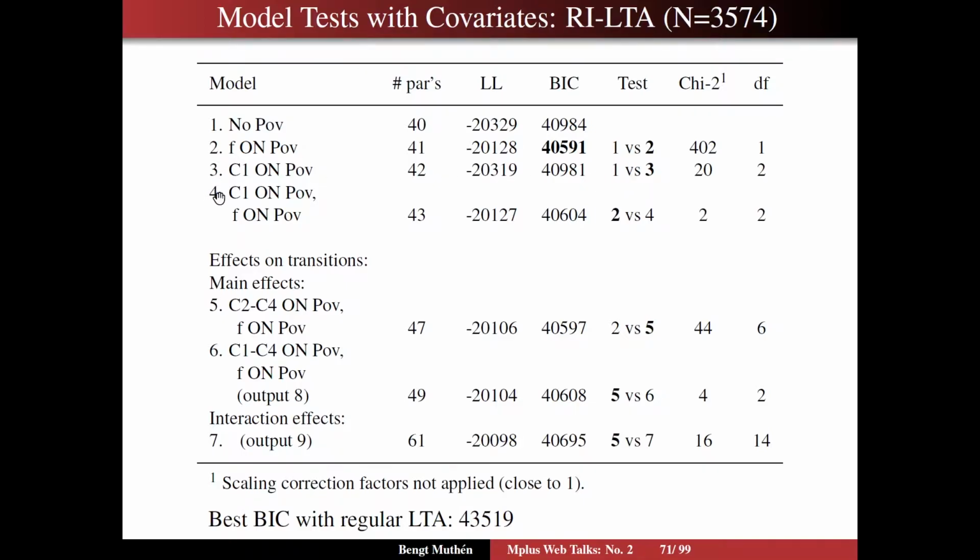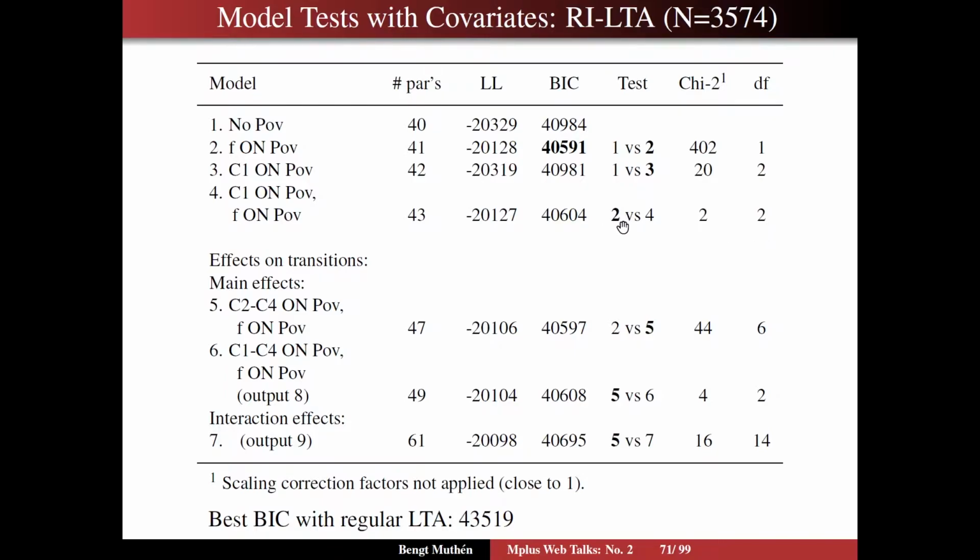For model 4, then, we have both C1 and F on poverty, and that gives us a slightly better log likelihood value than having F alone as in model 2. But that's a chi-square of 2 with 2 degrees of freedom, so that's not a significant improvement, and we might just as well stay with model 2.